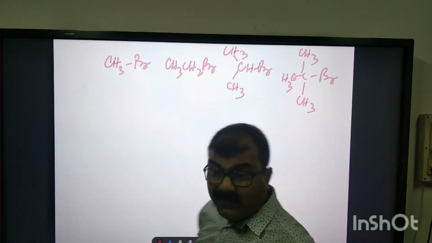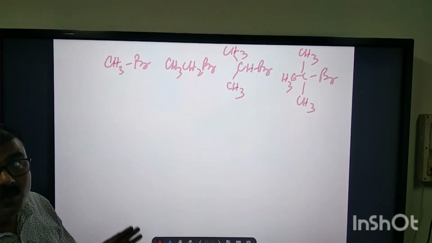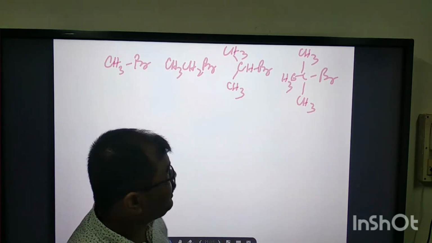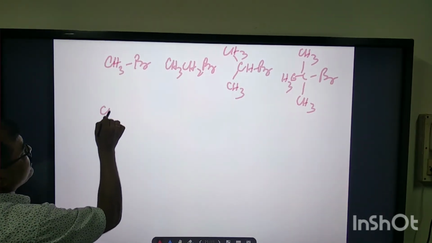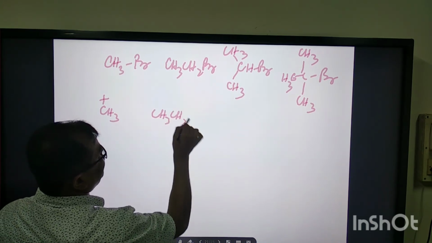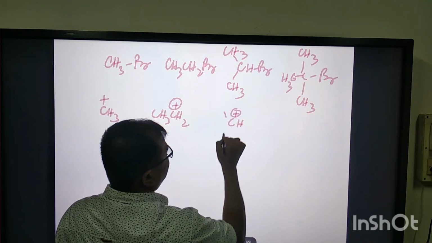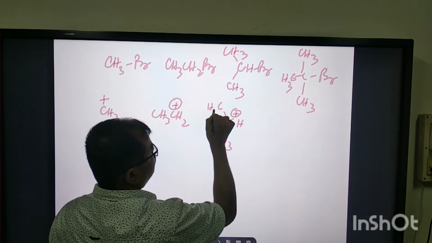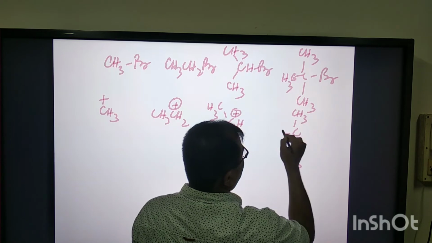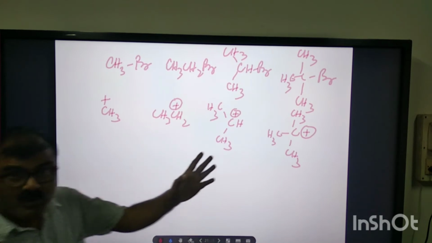Now if you ask the reactivity of different alkyl halides, which one is most reactive? To understand that, we have to see the stability of the corresponding carbocation. Here it is the methyl carbocation, here the ethyl carbocation, here the isopropyl carbocation, and here the tertiary butyl carbocation.